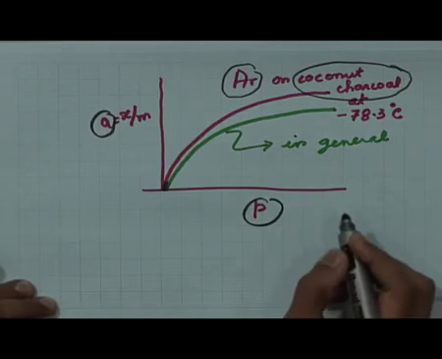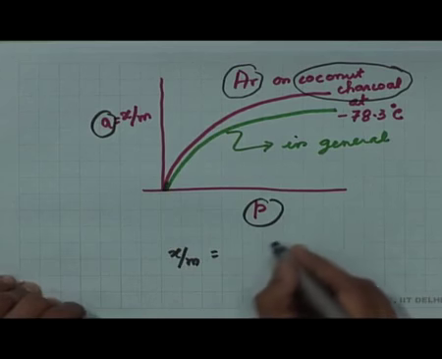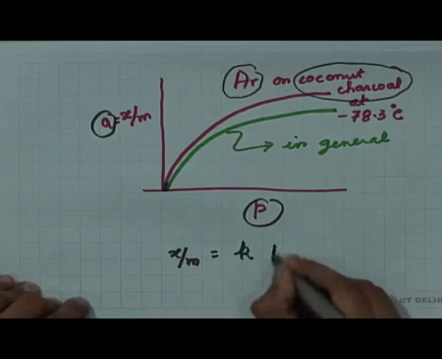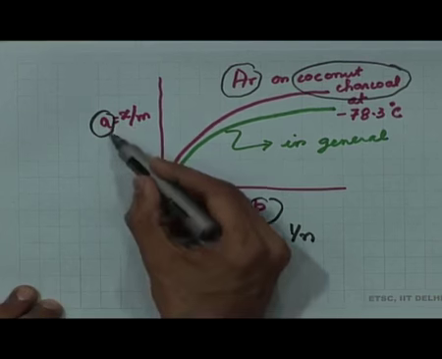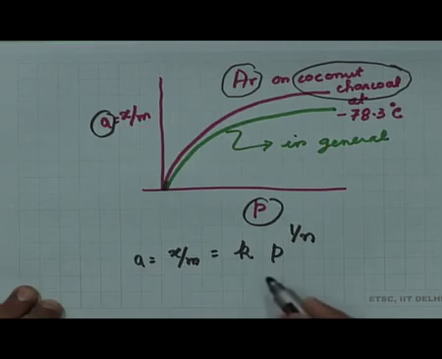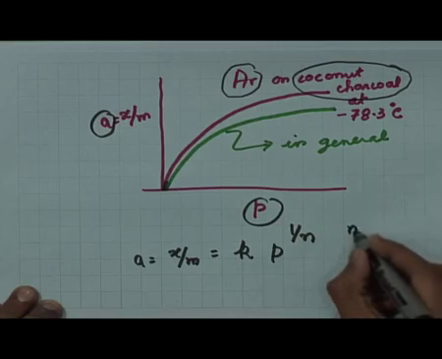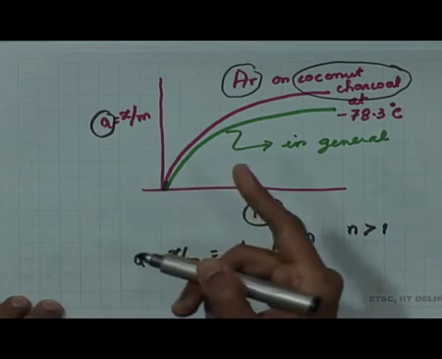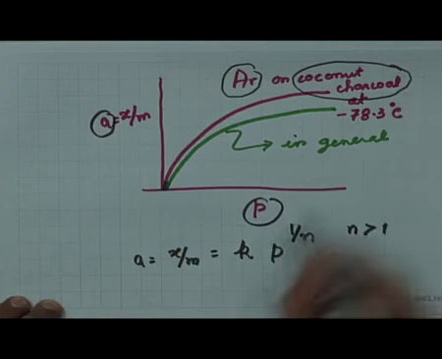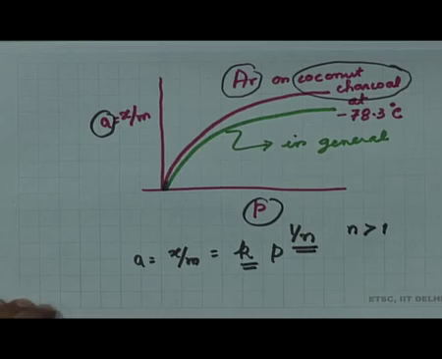And he then tried to establish a relationship between the area covered, that is this A, and the pressure, and he found that x over m is related to the pressure through a relationship which looks like this. A, that is x over m, is equal to a constant K times the pressure raised to 1 over n, where n is greater than 1. So, for different gases with different substances, K would be different and 1 over n would be different.